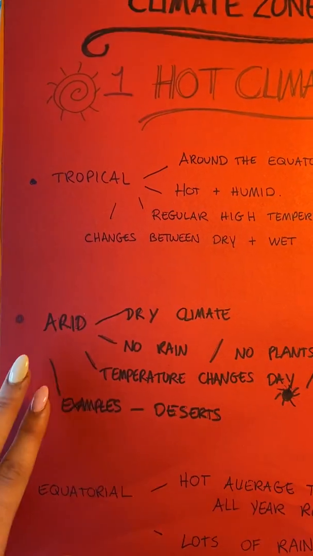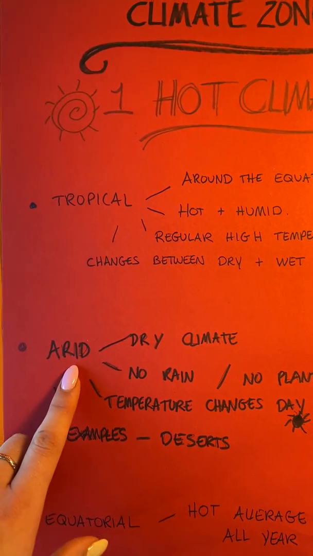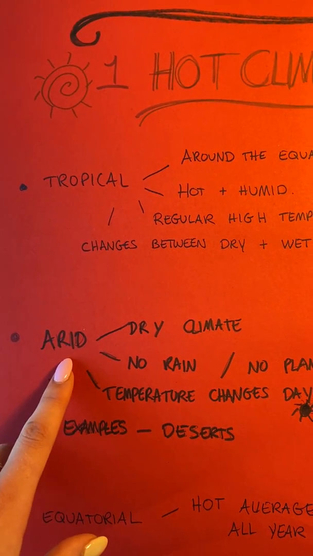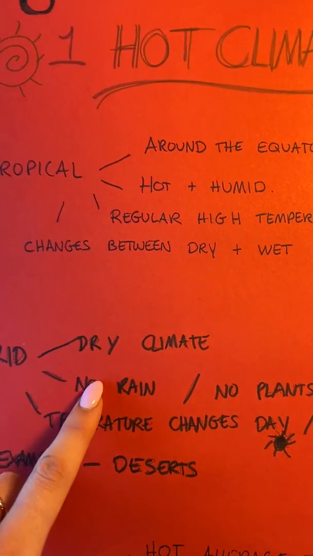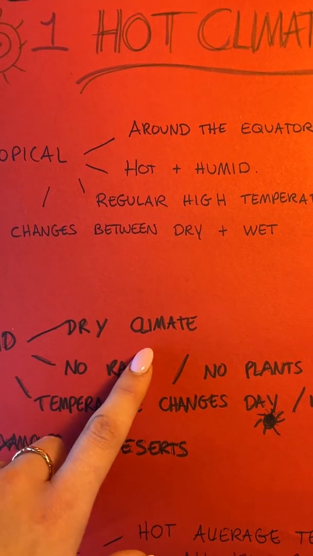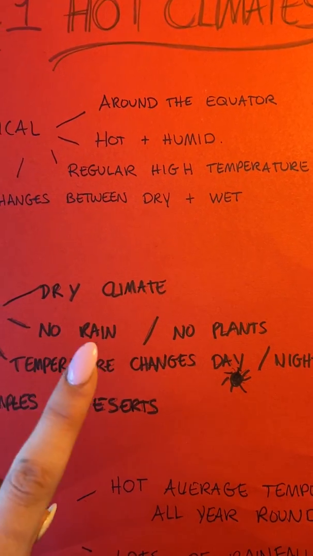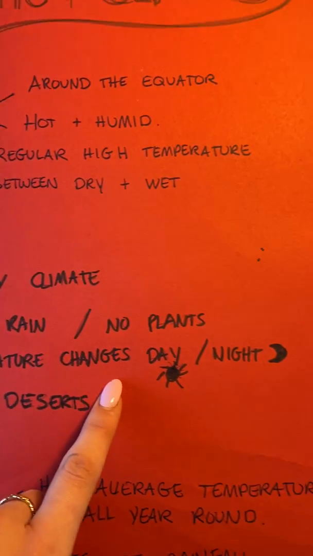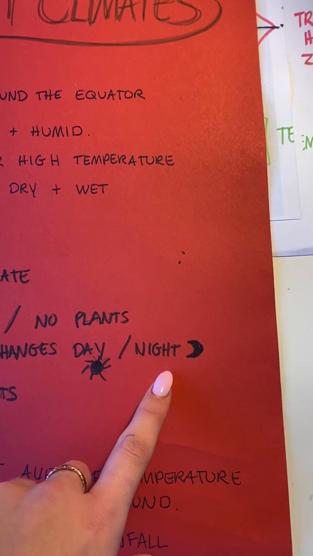Great. Example number two, arid. A-R-I-D. Arid climates are dry climates. There's no rain and very few plants. Temperature changes between day and night.